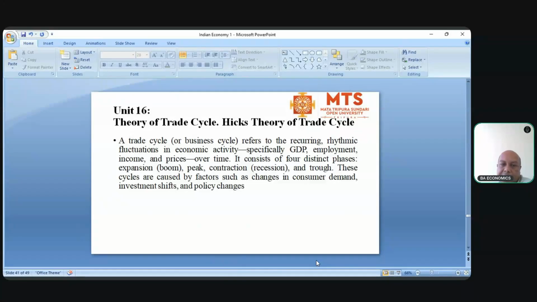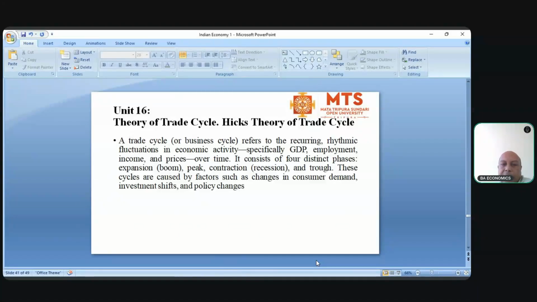So it indicates the condition of business in the economy, or in terms of economic value, it is known as a trade cycle. When the economy goes upward, it is good for national income. National income will increase, employment will increase, income will increase, and the standard of living of people will increase. So it is known as an upswing in the business cycle.